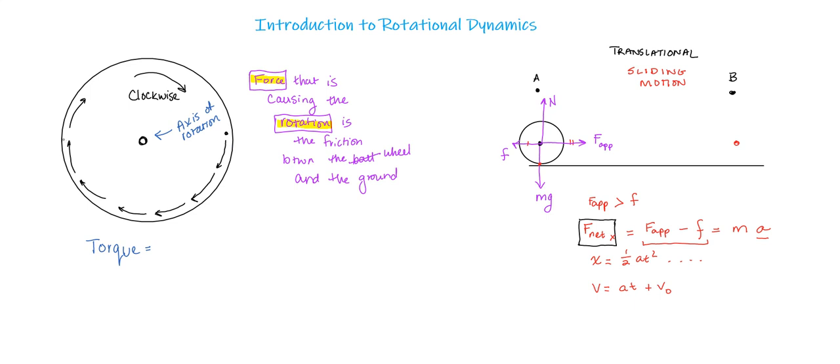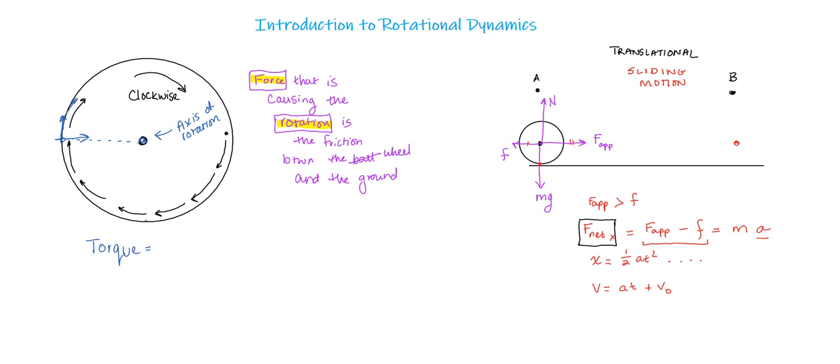Now, if I pushed on the wheel directly at the axis of rotation, it would just slide, it wouldn't turn. If I pushed up like this at that instant, and this axis of rotation was fixed, it would start to spin.